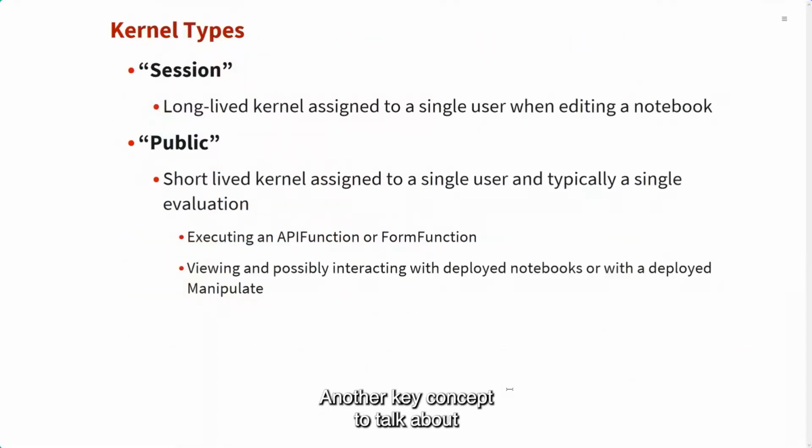Sorry. Another key concept to talk about is the kernel types. There are primarily two kernel types in the Wolfram public cloud, what we call session and public. A session is a long-lived kernel assigned to a single user, typically when you're editing a notebook.